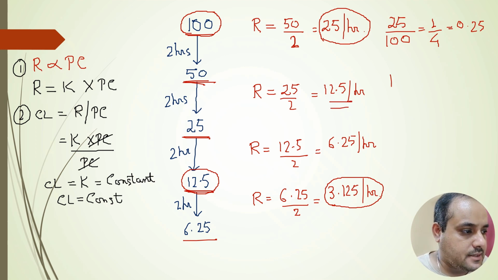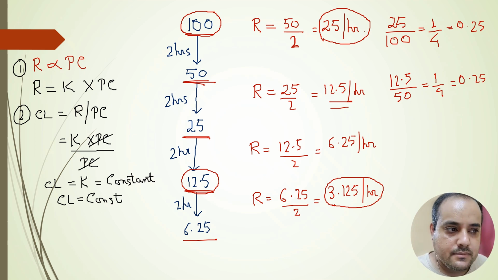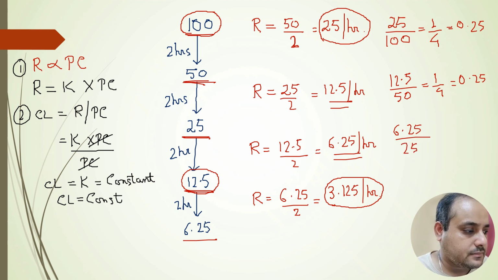So the clearance is 12.5 divided by 50, which is again 1 by 4, which means 0.25. In the third case, the concentration was 25 and the rate of elimination is 6.25. So again the clearance will be 6.25 divided by 25, which again is 0.25 only.